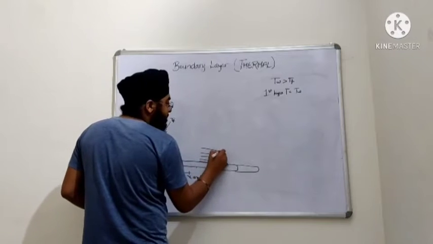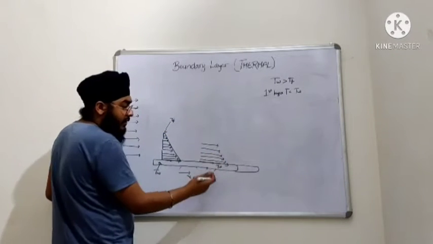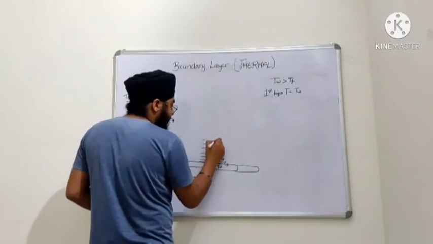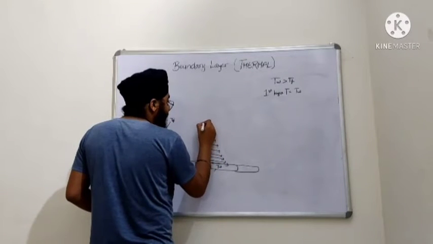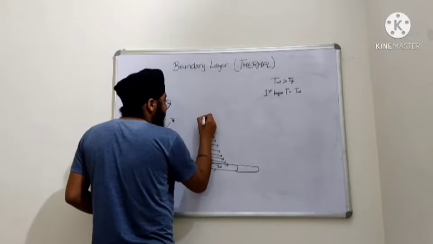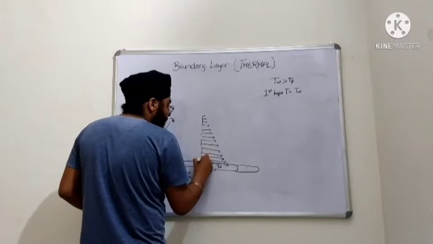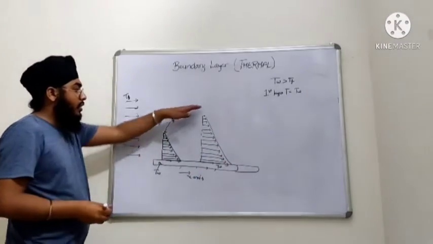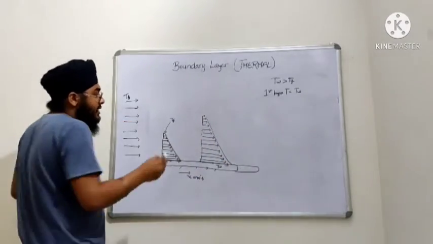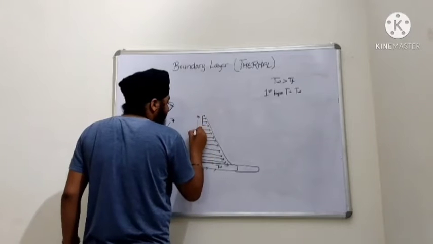As the distance between the layers and the wall increases, the heat transfer will decrease, because of which something like this would happen. So this is the heat transfer curve. What we see is that delta T will increase.